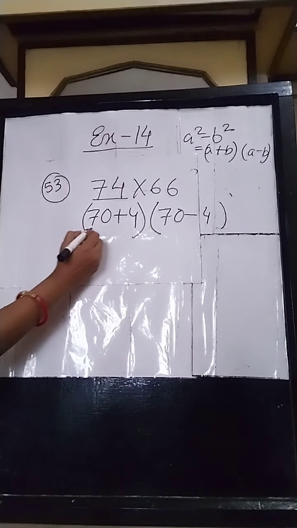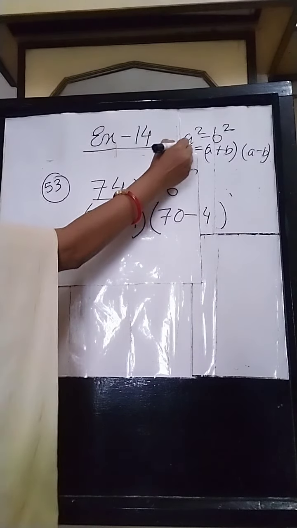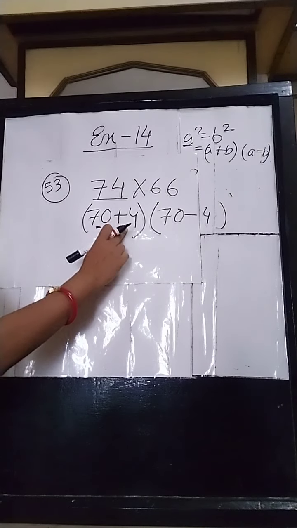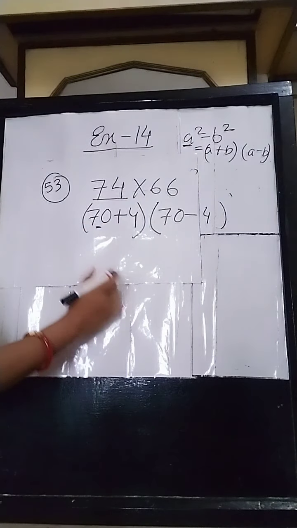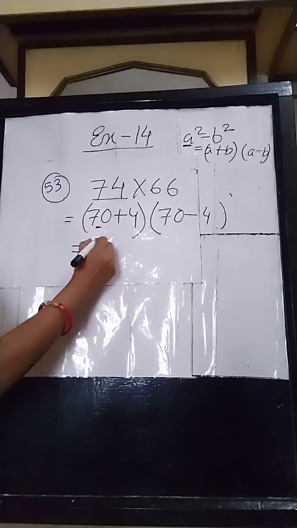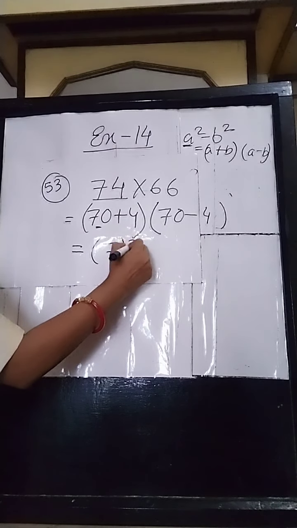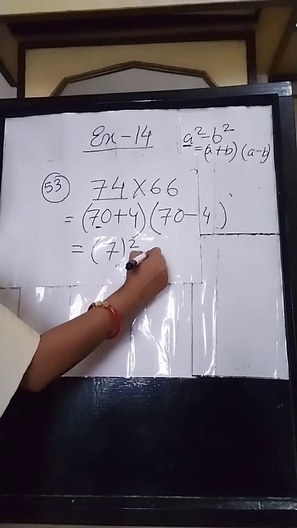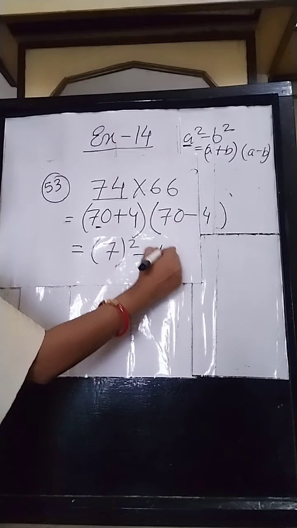So here the first term, that is a square, will be 70 square, 70 being the first term, replacing a, and 4 being the second term, replacing b. So simply the next step will be a square minus b square, which means 70 square minus 4 square.